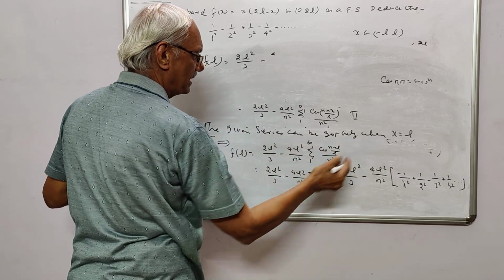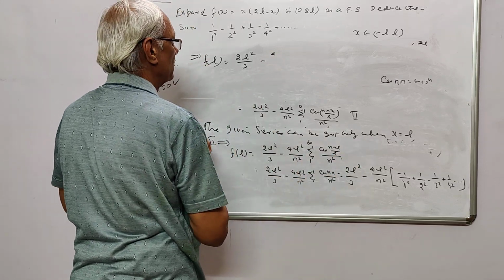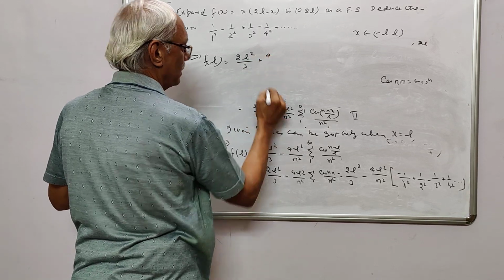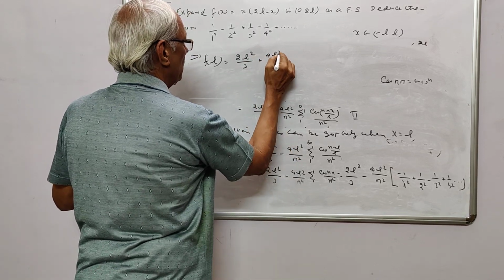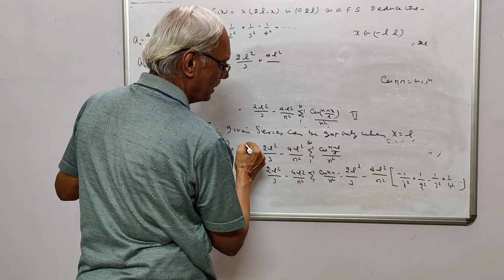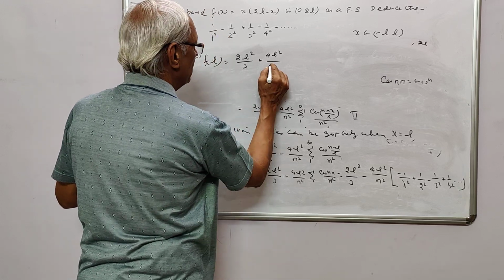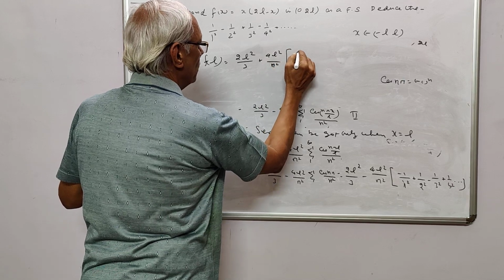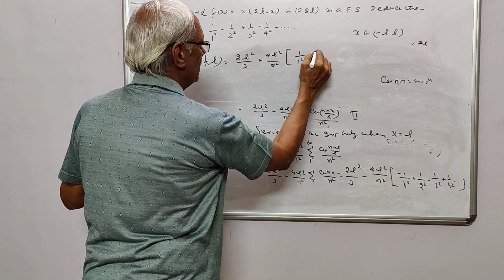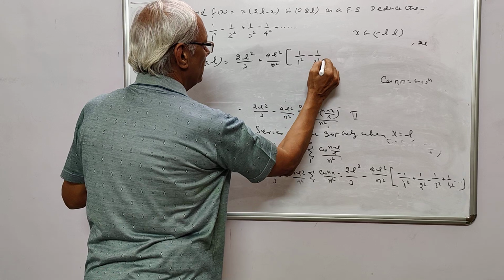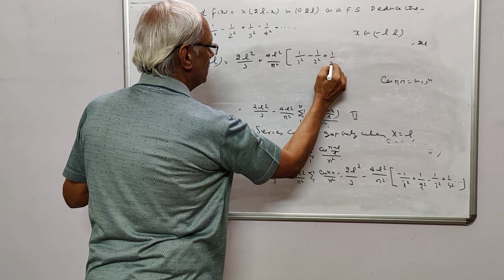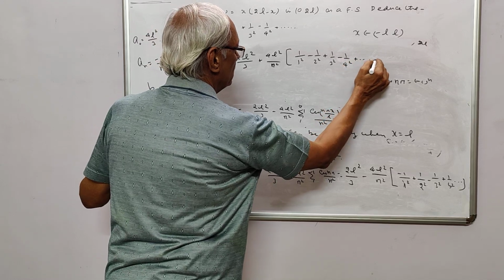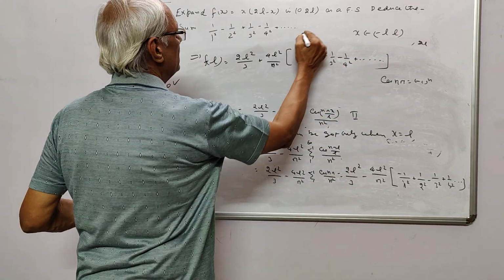Now take this minus sign inside, so you get plus 4L squared by pi squared within brackets 1 by 1 squared minus 1 by 2 squared plus 1 by 3 squared minus 1 by 4 squared. So this series I have got here.